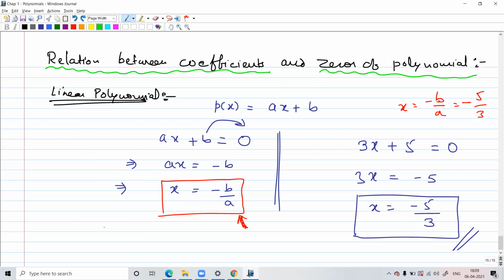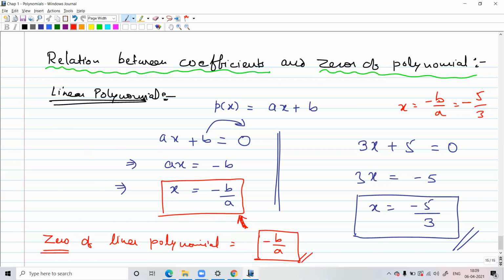So the 0 of a linear polynomial will always be minus of b by a.